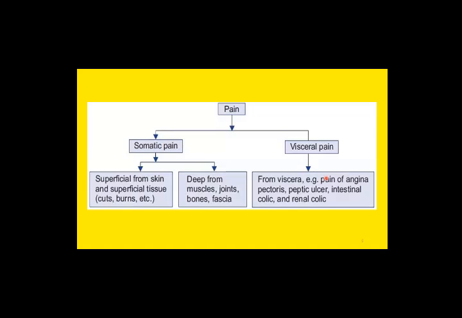Similarly, chest pain like pain of angina pectoris is visceral pain. Pain arising from the stomach, pain arising from the duodenum like peptic ulcer. Another example of visceral pain, intestinal pain, renal pain, all these are examples of visceral pain. So you can see multiple examples of superficial, deep, and visceral pain.